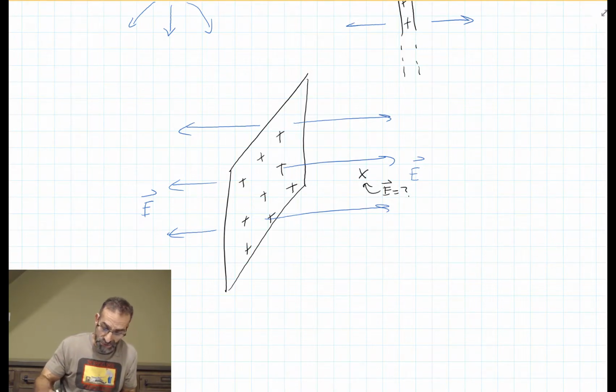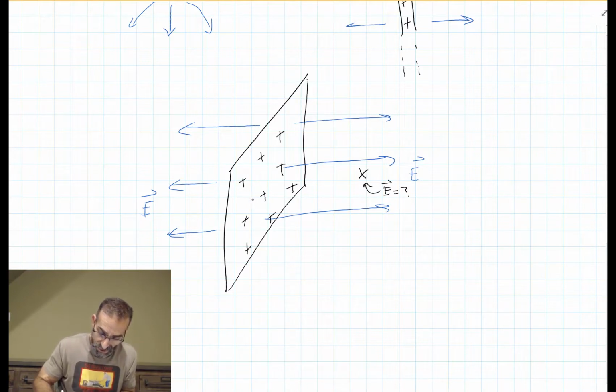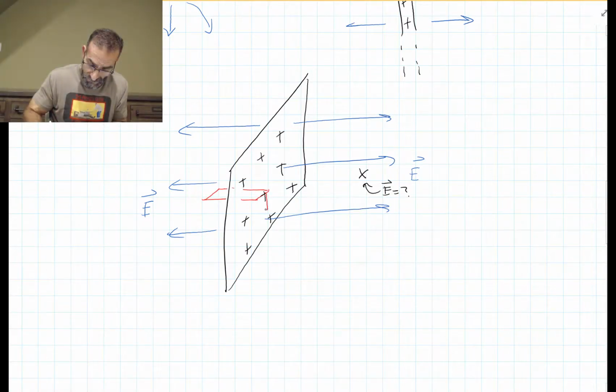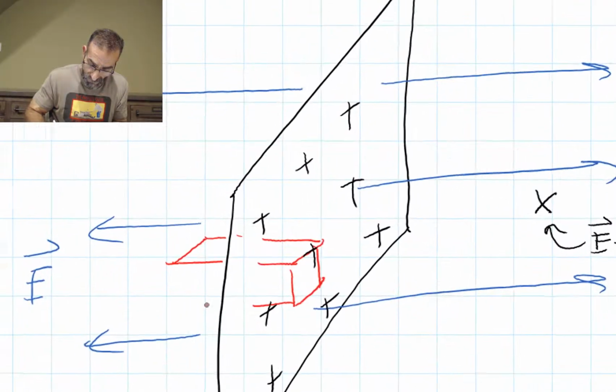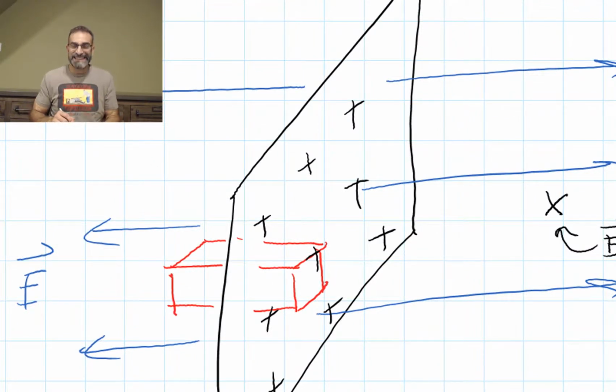One shape that would work would be a rectangular box. We could put a box in here. I'm going to try to draw it, like that. That's the best I can do.